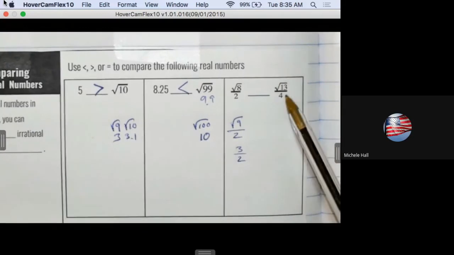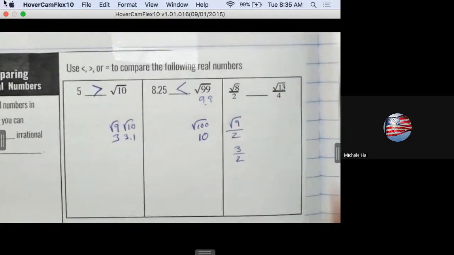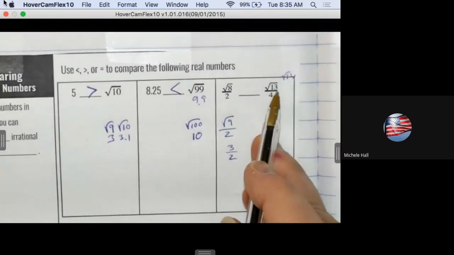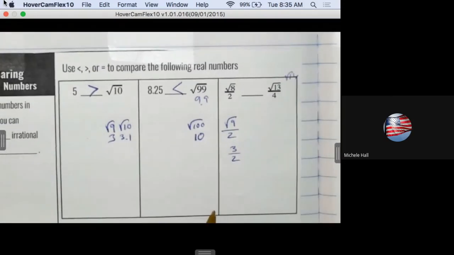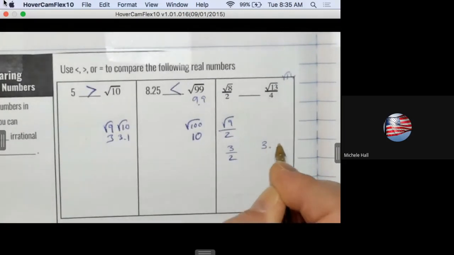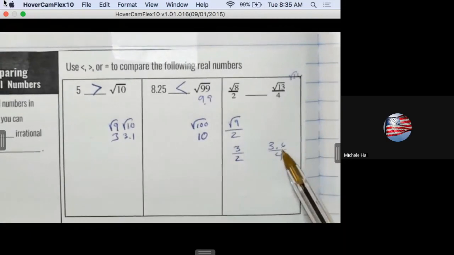The square root of 13 is next to which perfect square? 16. So it's before the square root of 16. So this is about, you could say, 3.6. So it's almost a whole number, not quite a whole number. So let's just say it was a whole number.